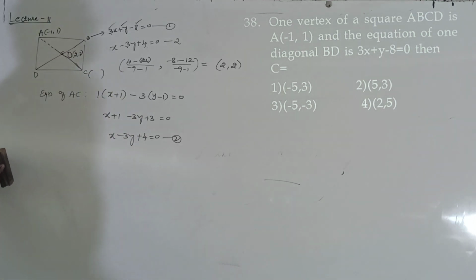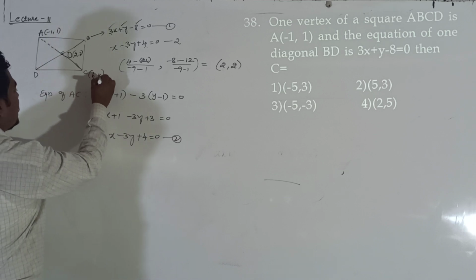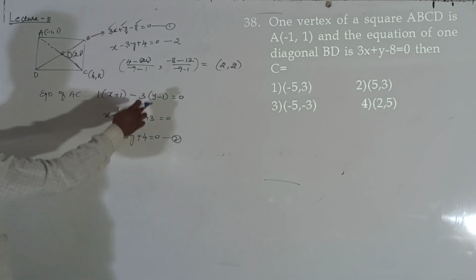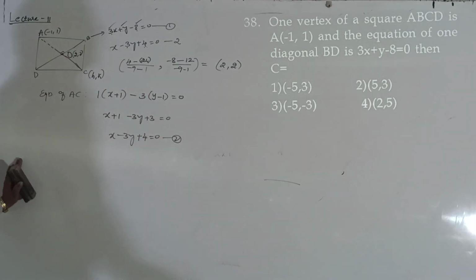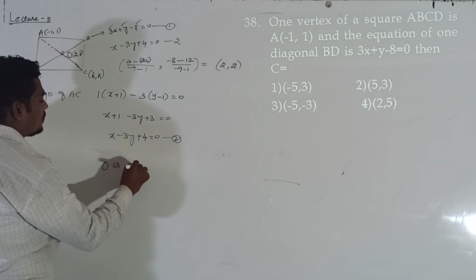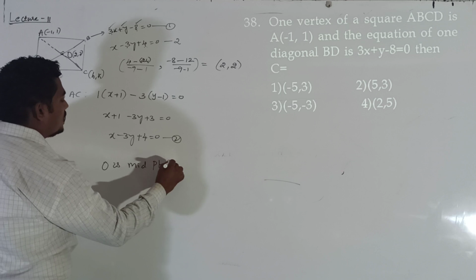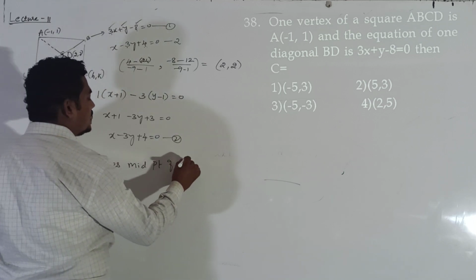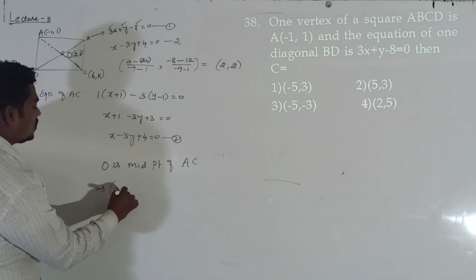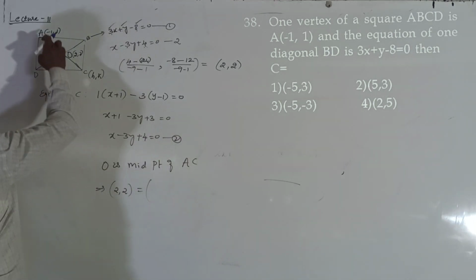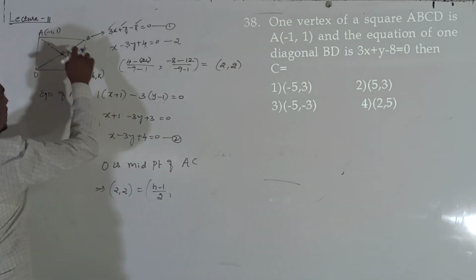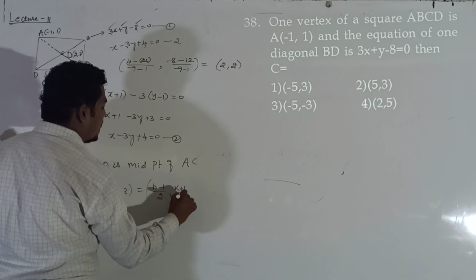And what are the coordinates of C? We need to find the coordinates of C. Just take it as h comma k. And clearly O is the midpoint of AC. After getting the coordinates of O, just use the midpoint concept. O is the midpoint of AC. Then O coordinates 2 comma 2 is equal to x1 plus x2, means h minus 1 divided by 2, comma 1 plus k, that is k plus 1 divided by 2.